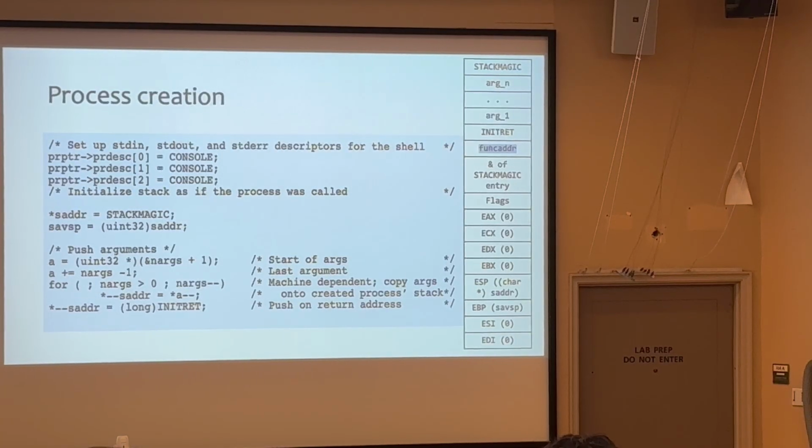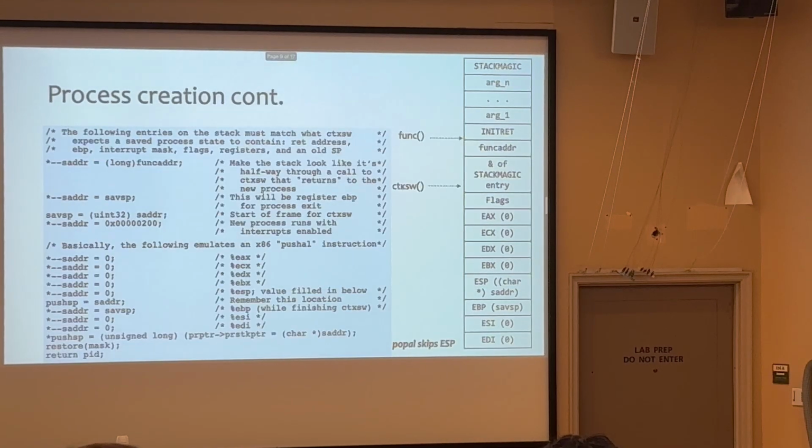And then after that, the function address is put here, and after that, push the address of the stack magic here, and push the flags, push these general purpose registers. This part is to fake the stack for context switch.